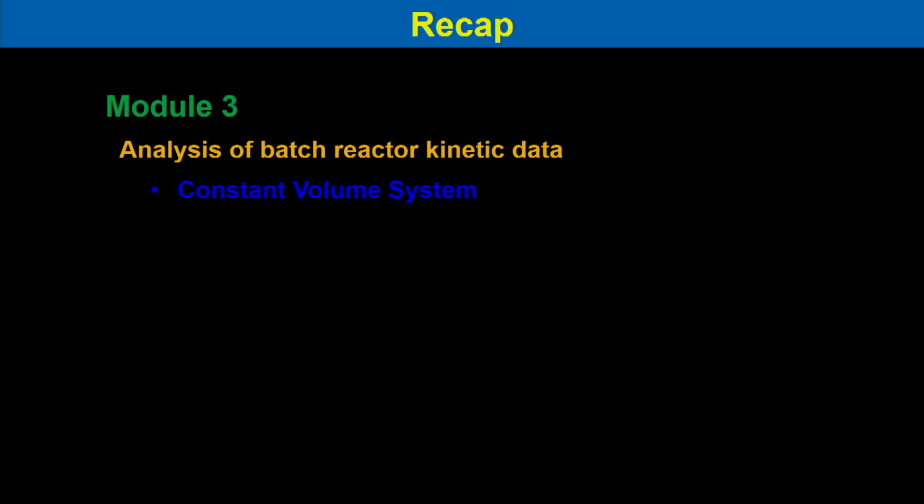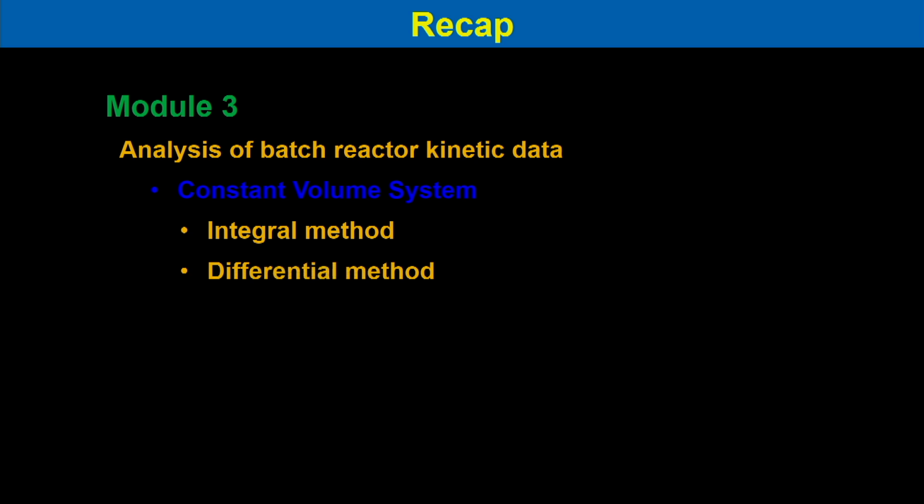In module 3, basically we have considered analysis of the batch reactor kinetic data. So, several cases for the analysis of the batch reactor kinetic data we have considered. First, we have considered the constant volume system and we have considered two methods of analysis. One is integral method of analysis and another one is differential method of analysis.